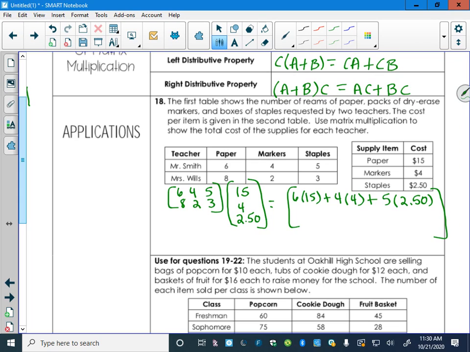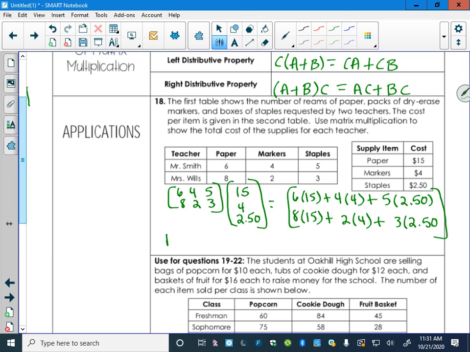Markers, he bought 4, that cost this much. Staples, he bought 5, which cost that much. Same thing for Mrs. Willis. She bought 8, so second row, first column. 8 times 15 plus 2 times 4 plus 3 times $2.50.